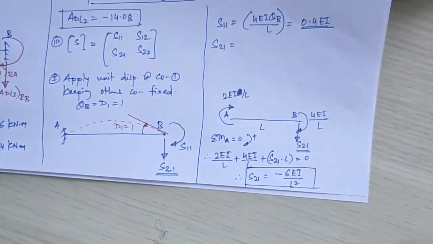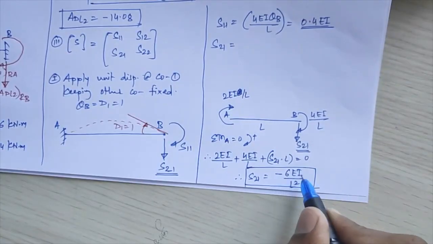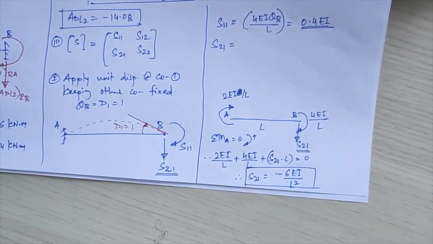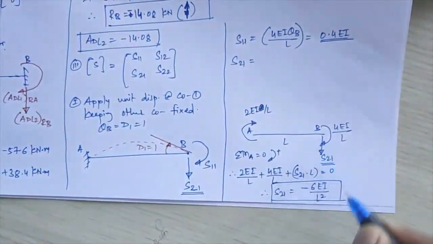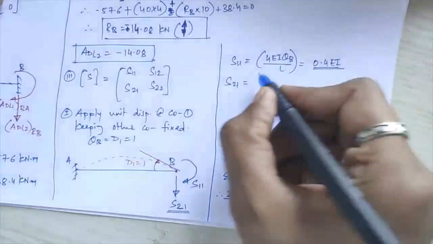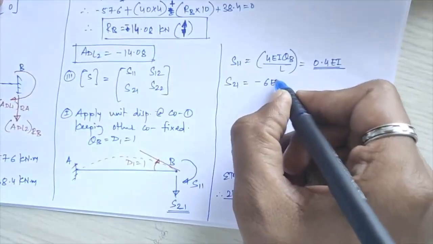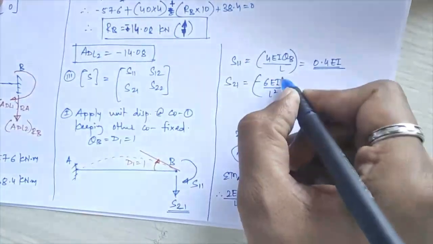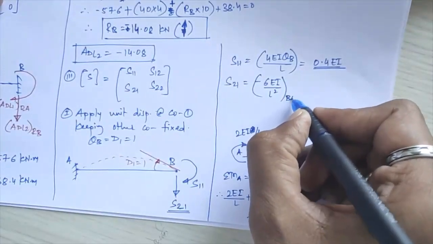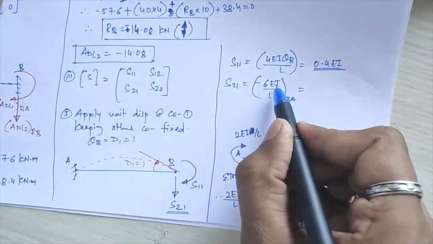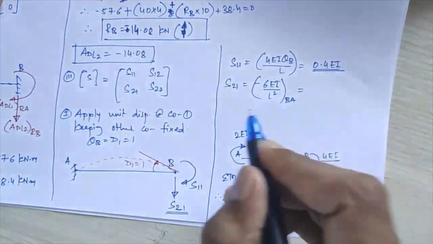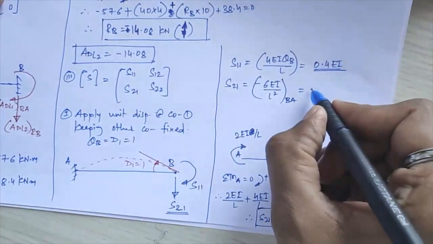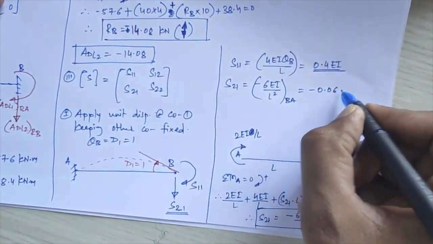So S21 I am getting as negative 6EI upon L square, so this is acting downward. The same value will be here, minus 6EI upon L square, and that will be for member BA again. L is given as 10, so 6 divided by 10 square, I get minus 0.06 times EI.